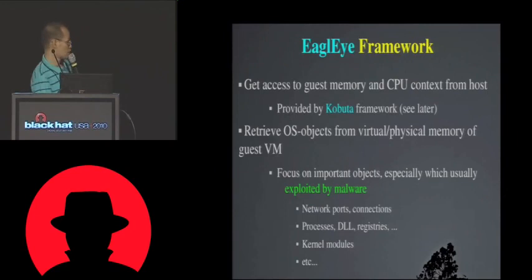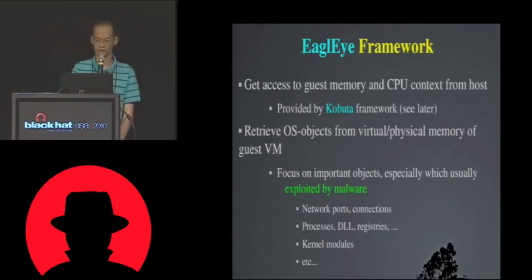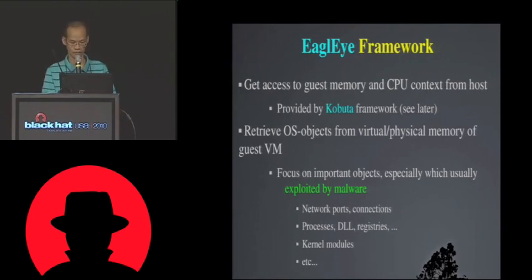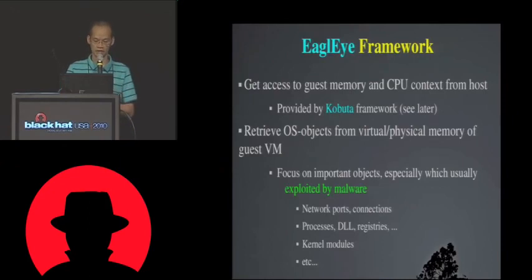Okay, so NGUYEN needs to access the guest memory and CPU context from the host, from the lower layer. And to access the guest memory and CPU context, we need help from the Kubota framework, which we introduce later.